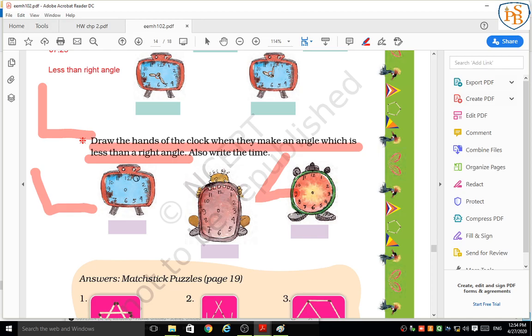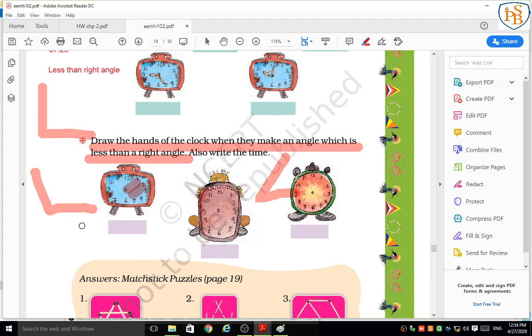For this image, less than 90 degrees. So what is the time? Tell me any one time and draw the angle. Correct. If you tell the time of 1:10, then the hour hand is on number 1 and the minute hand is on number 2. Correct.